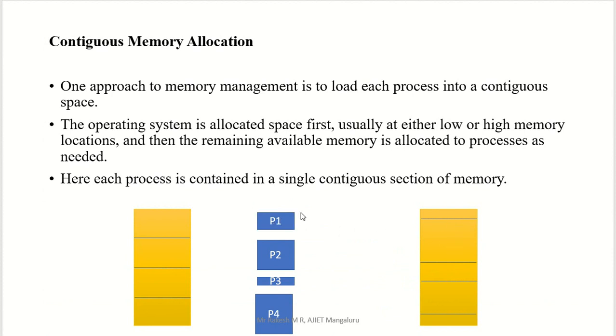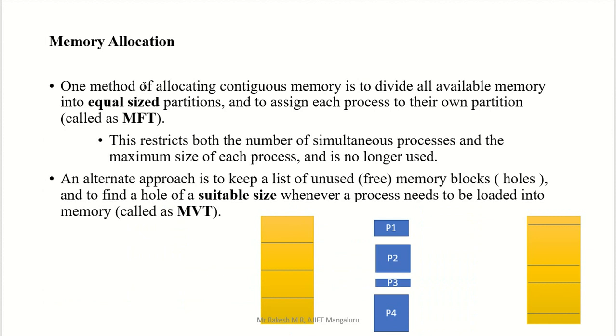In another slide, one method of allocating contiguous memory is to divide all available memory into equal sized partitions, and to assign each process to its own partition. This concept is MFT, which we already saw.